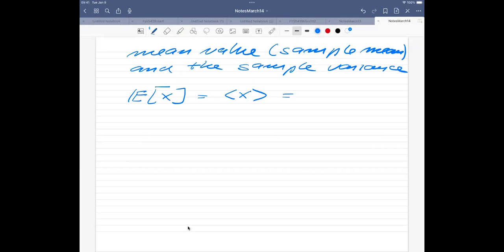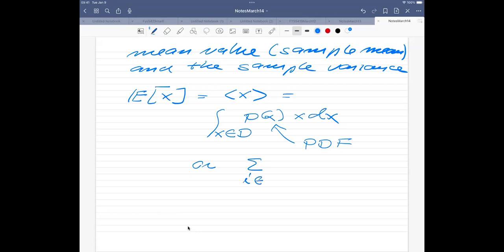And this is given by, if you now have a continuous probability, an integral where x is defined for a specific domain. We have a probability P of x times x dx. This is normally called the probability distribution function, PDF. Or you would have the discrete variant, where i is an element of a specific set of stochastic events.